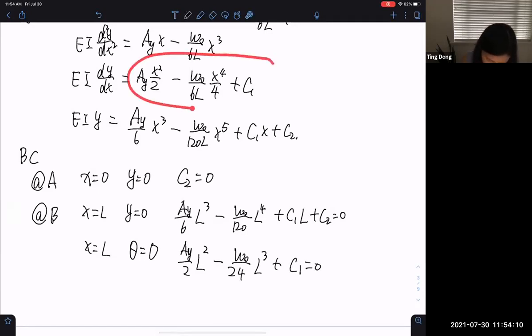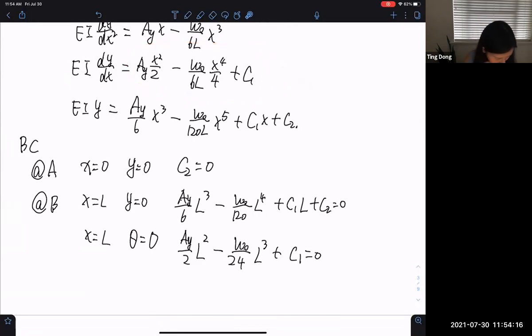Basically you plug x equal to L into this equation and it is equal to 0. And now we have the three unknowns, and we solve. Of course, C2 is already solved here. So Ay is equal to, C1.